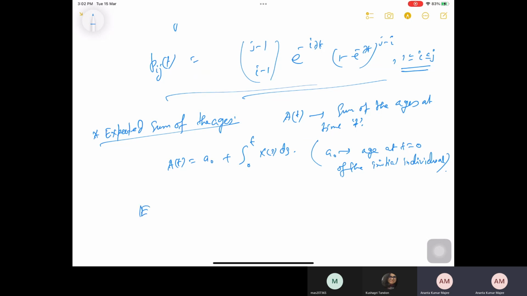So the expectation of A(t) is A0 plus the integral from 0 to t, and since this is positive, I can put the expectation inside.